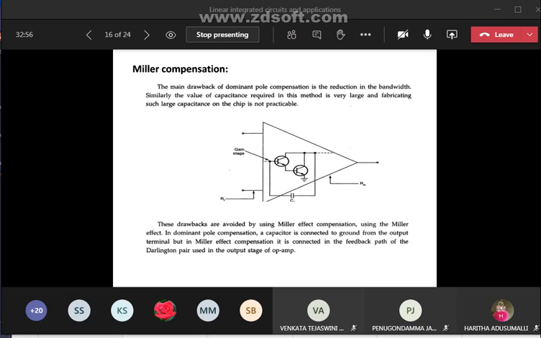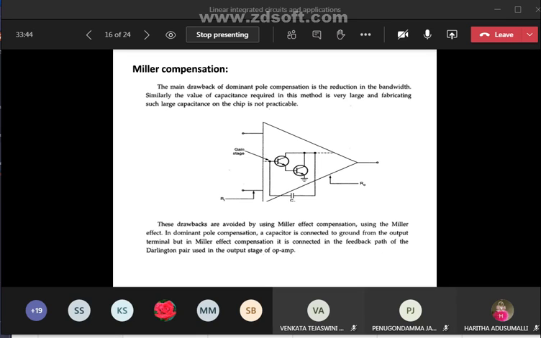These drawbacks are avoided by using Miller effect compensation.